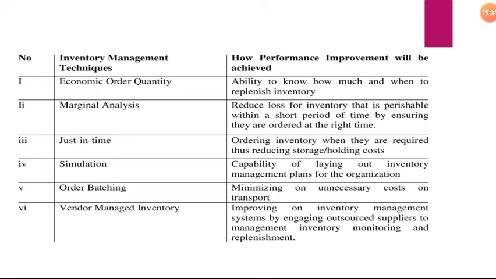Next one is order batching. Order batching minimizes unnecessary cost on transport. The main aim of order batching is to minimize the transportation cost. If any customer orders one commodity from the manufacturer, from a production center which is very far, the transportation cost will be more.